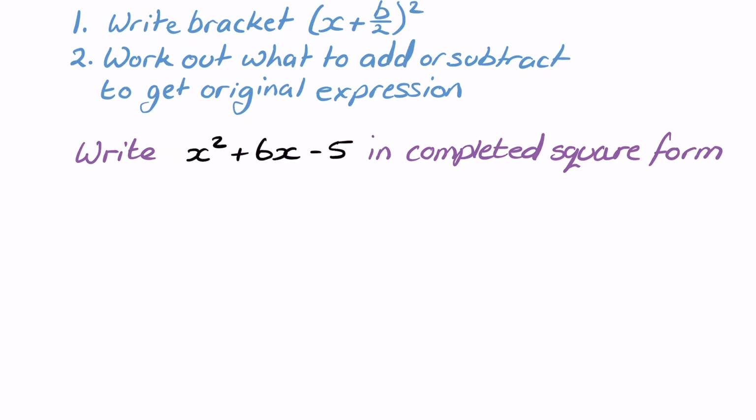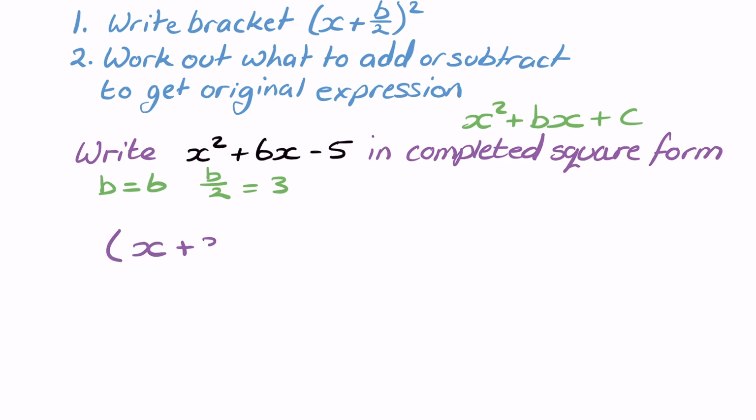We need to write x squared plus 6x minus 5 in completed square form. If we remember, the general form was x squared plus bx plus c. So b equals 6, and that means b divided by 2 equals 3. And so our bracket will be (x + 3) squared.